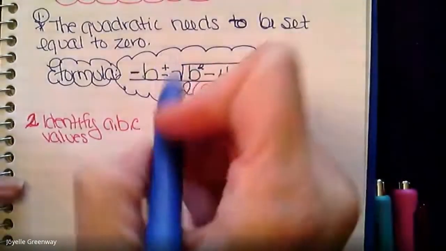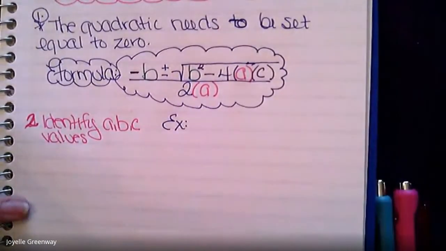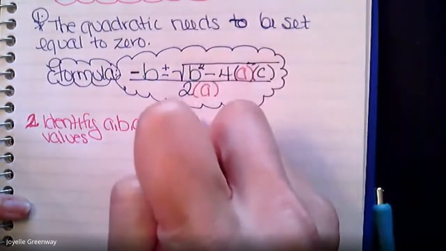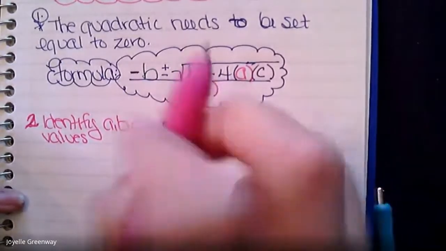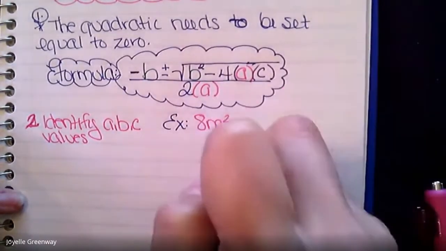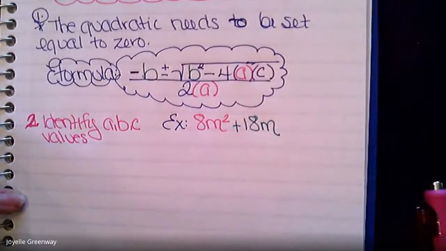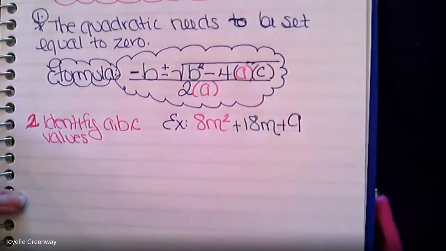So let's look at the example that we're going to use to go through this. So let's work with the quadratic 8m squared plus 18m plus 9 equals 0.